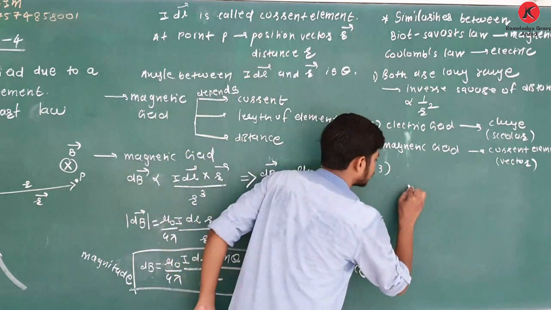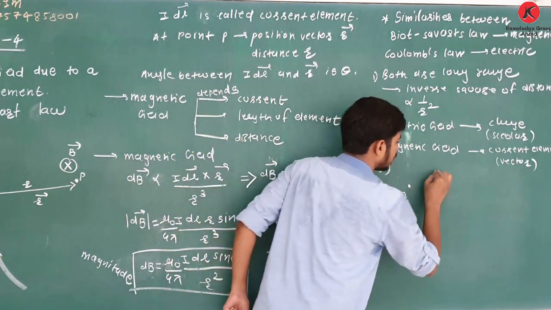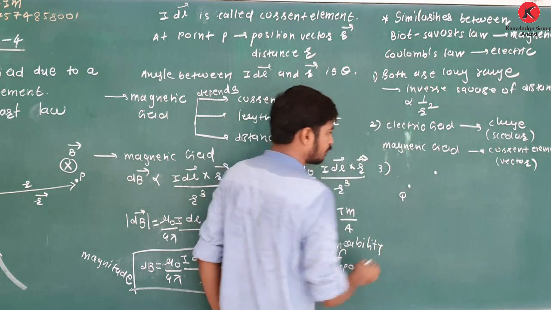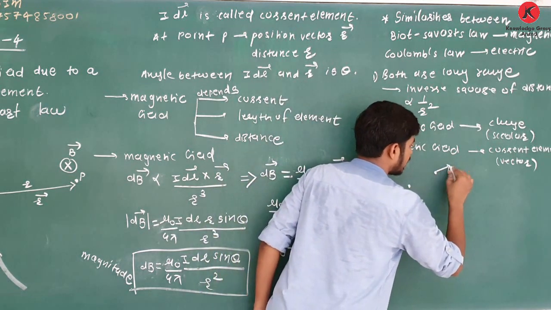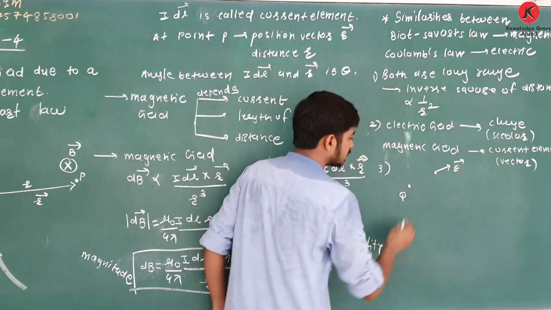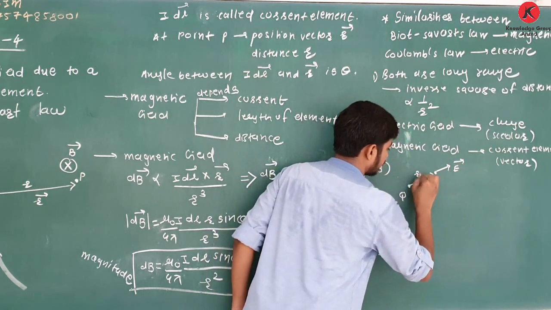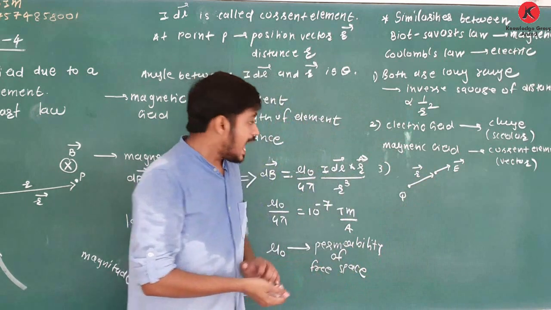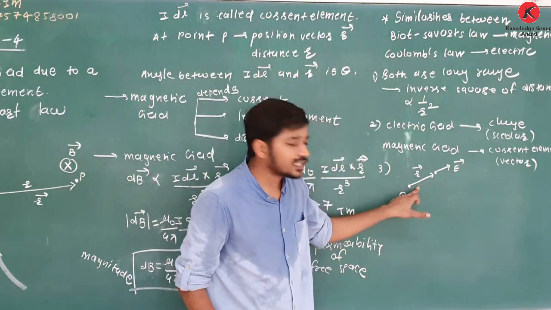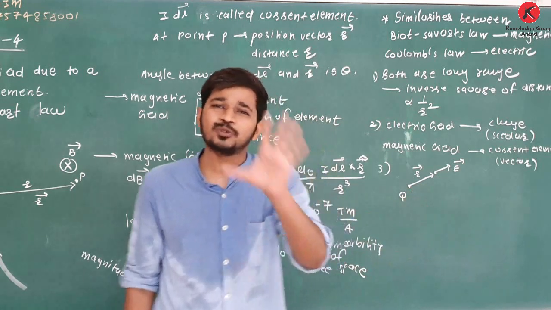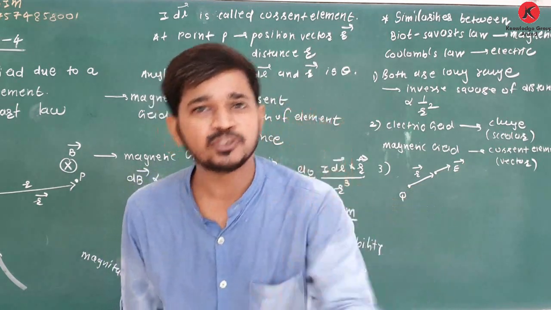Suppose it is charge Q. At this point, if it is a positive charge, then the direction of electric field is in this direction, along the position vector. And if it is a negative charge, this electric field will be in this direction. It means it is along the position vector.